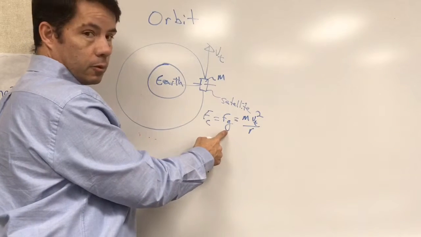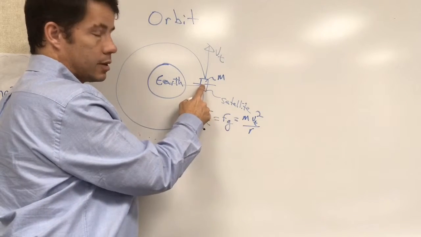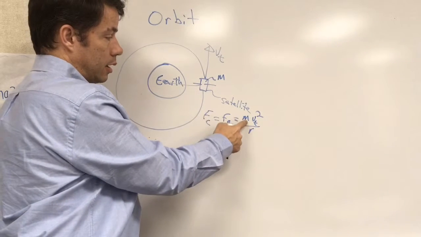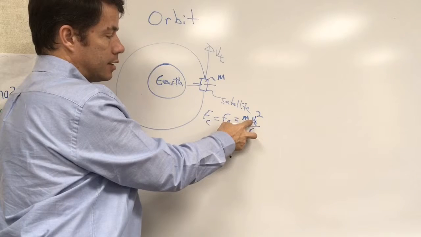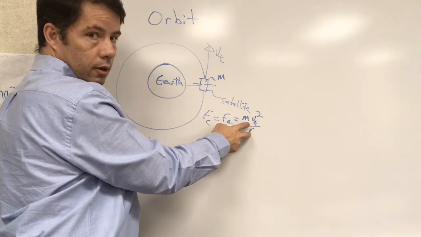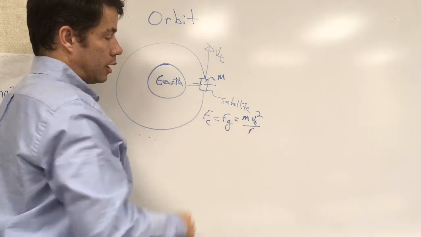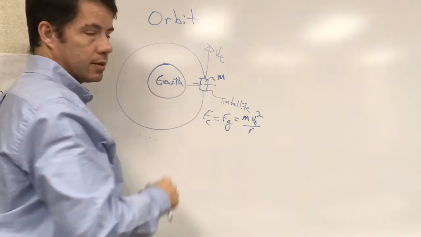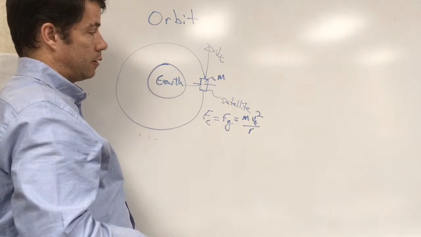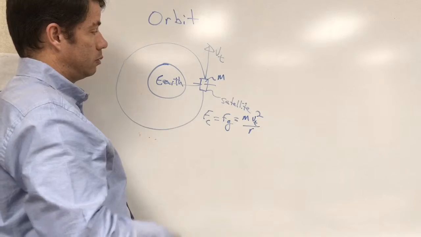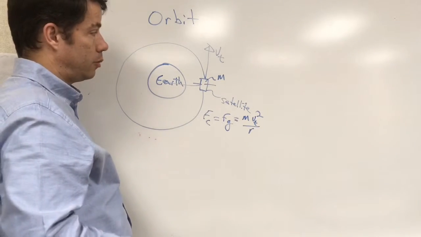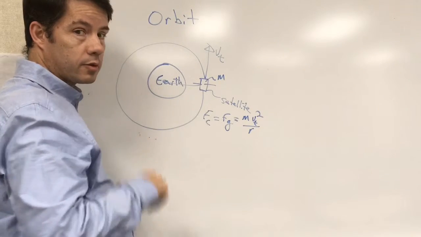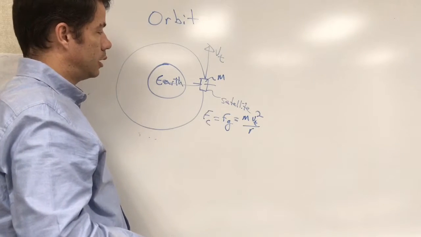I know what the force of gravity is because I know this object's mass. I can figure out how fast it needs to go based on different parameters and how far out that means it has to be. So gravity in this case is the centripetal force. It applies for all situations of objects orbiting other objects.